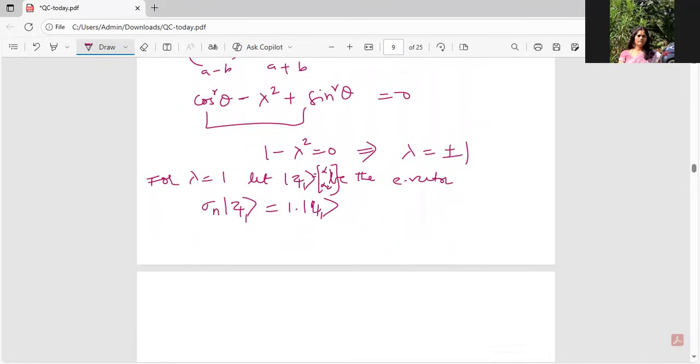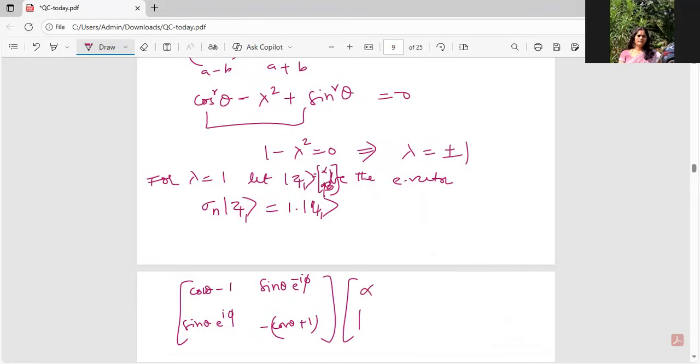Just to make things uniform I'm using this, but of course I can use alpha and beta also. So my matrix is cos theta minus 1, sin theta e power minus i phi, sin theta e power i phi, minus cos theta plus 1, of course common taken, into alpha beta, and this is equal to alpha beta.